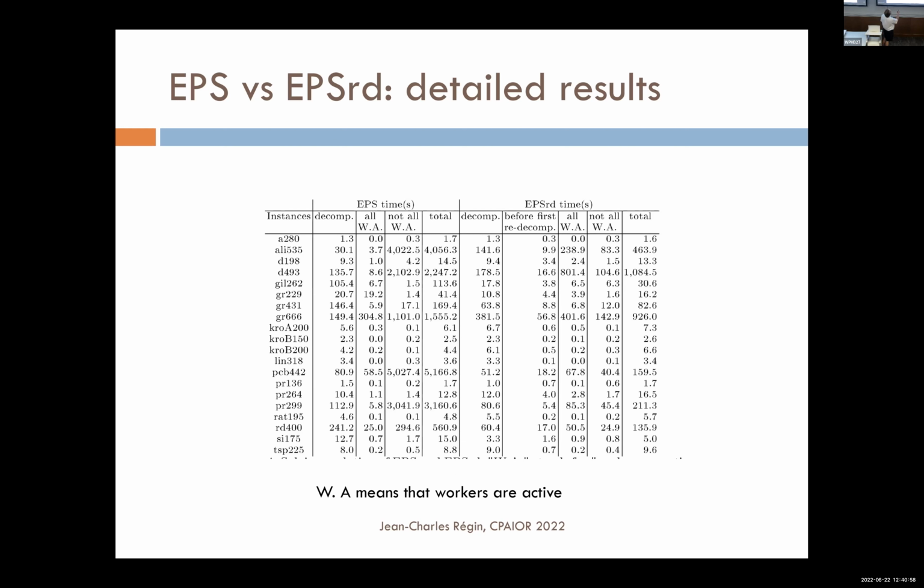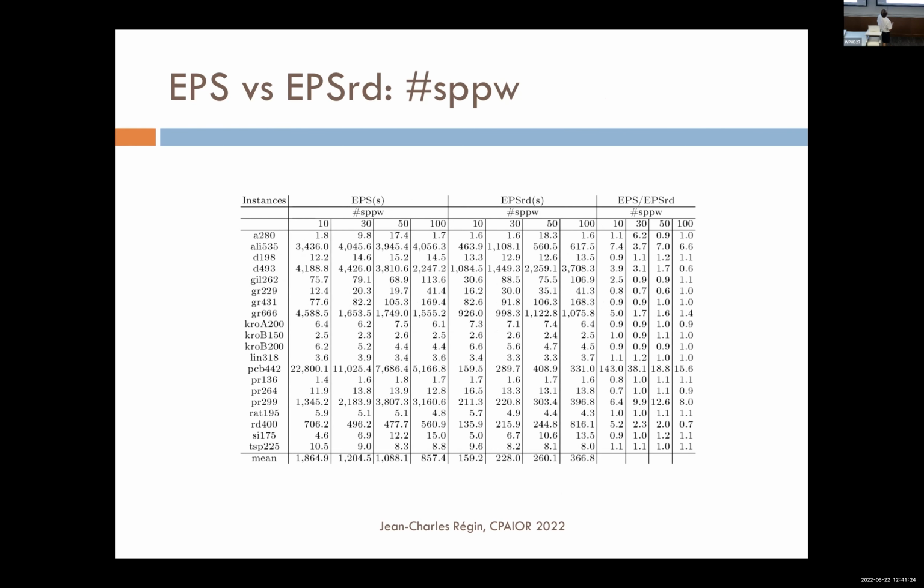And here you can see that the total time, which is 4,000, is now divided by 10. And so we increase a lot the time which is spent when all the workers are active for difficult problems. This is how we can gain some factor like that: because we redecompose and split the difficult problem into other problems.